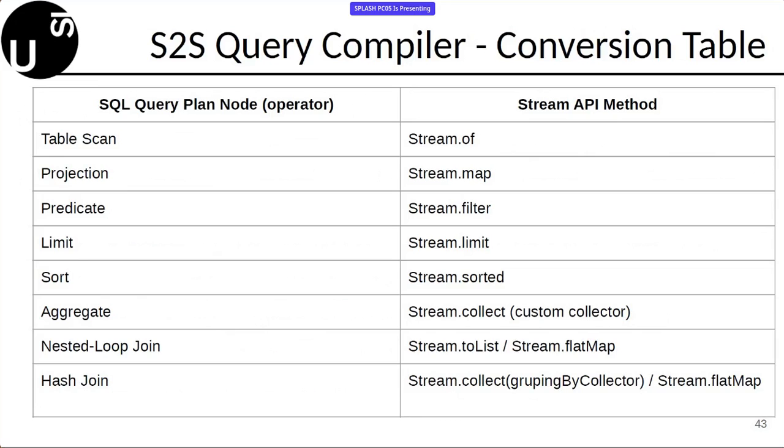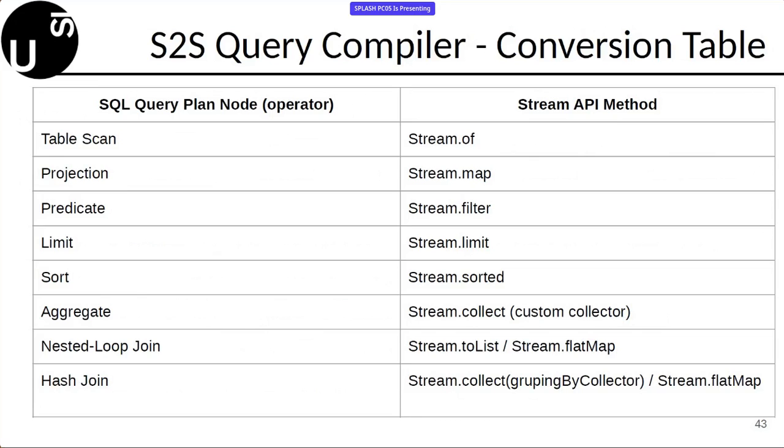And then we map the projection. Projections are basically a map operation in the Stream API. The predicates are a filter operation, limit has an equivalent operation, sort as well. Aggregations are a bit more tricky, as we will see in a minute, and they are converted into a call to collect, which is a terminal operator, with a custom collector.